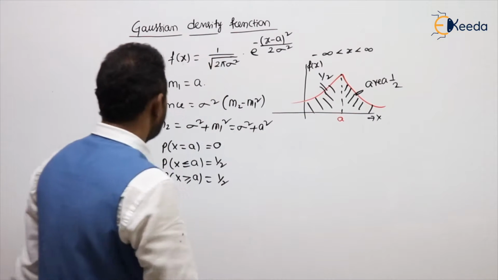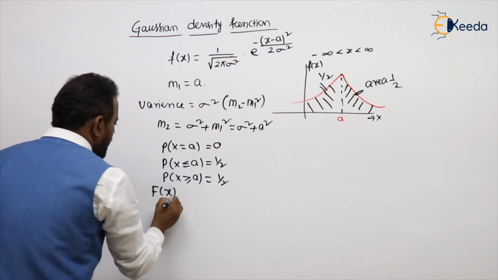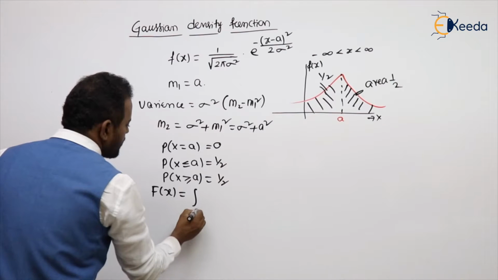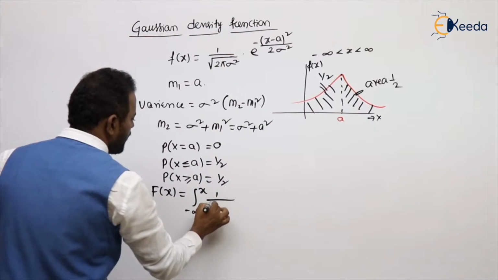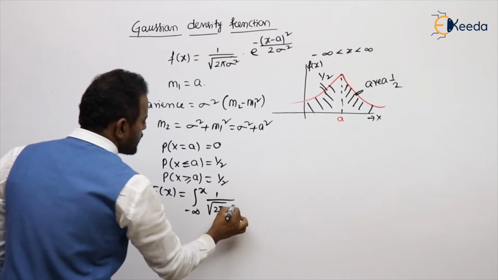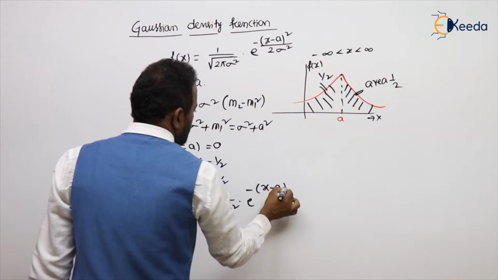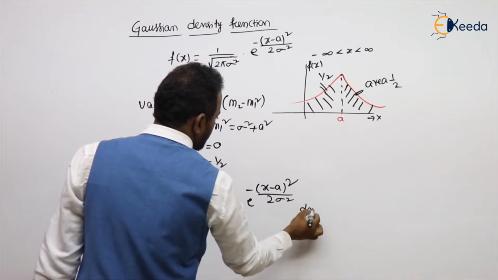Before that, if this is small f, then what about the capital? Capital F of x is nothing but the integral from minus infinity to x of f of x, that is 1 divided by root 2 pi sigma square into e power minus (x minus a) whole square by 2 sigma square into dx.